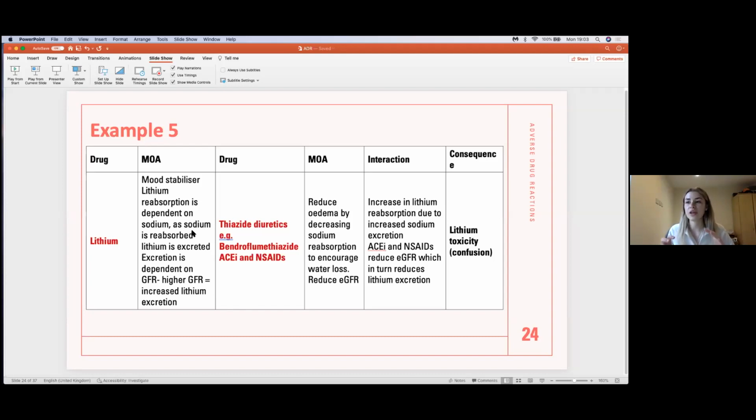So you're causing a low GFR and less excretion of the lithium, so your levels of lithium will be so high, to a toxic level, and it will present in patients with confusion. These patients will be really, really confused, so never prescribe lithium with thiazide diuretics.